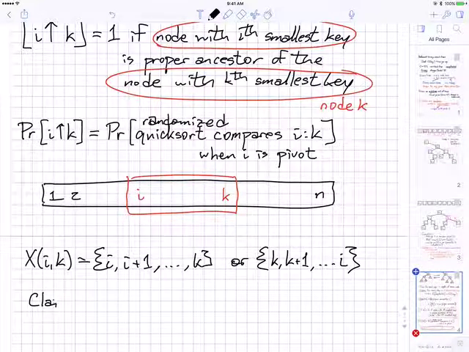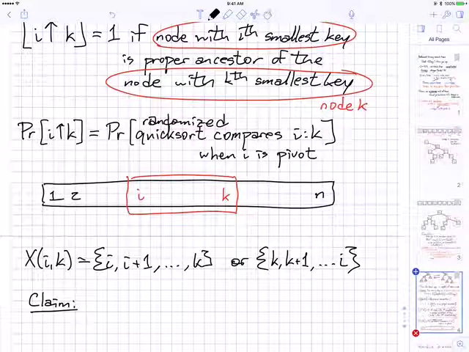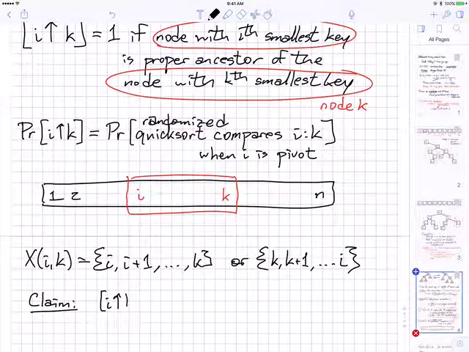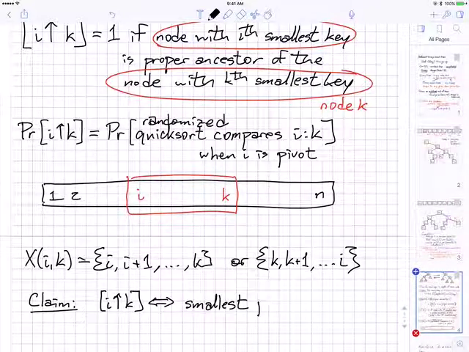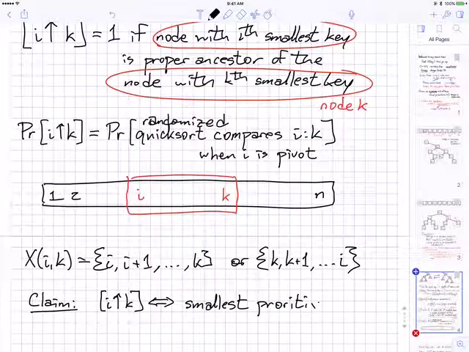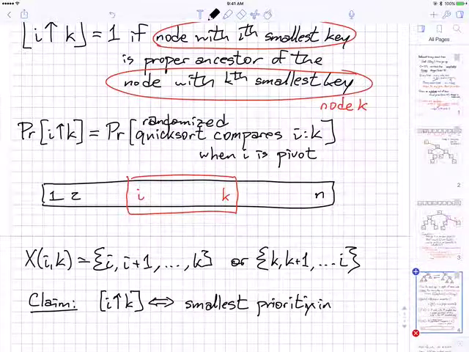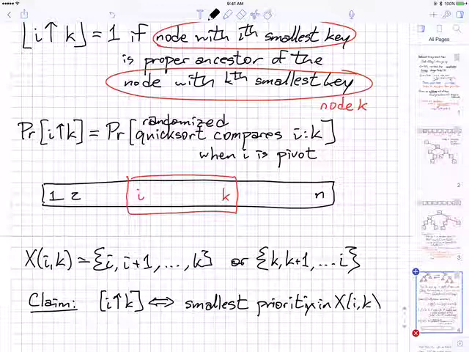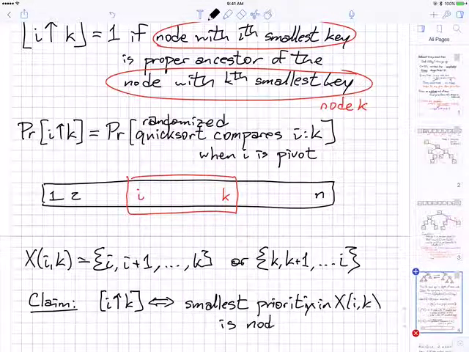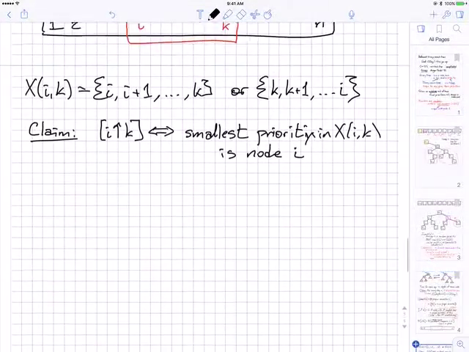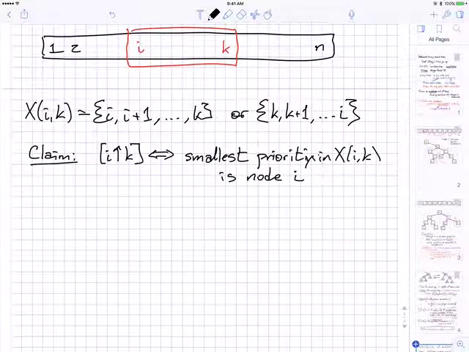And so my claim is I is above K in the tree if and only if the smallest priority in X_ik is node I.